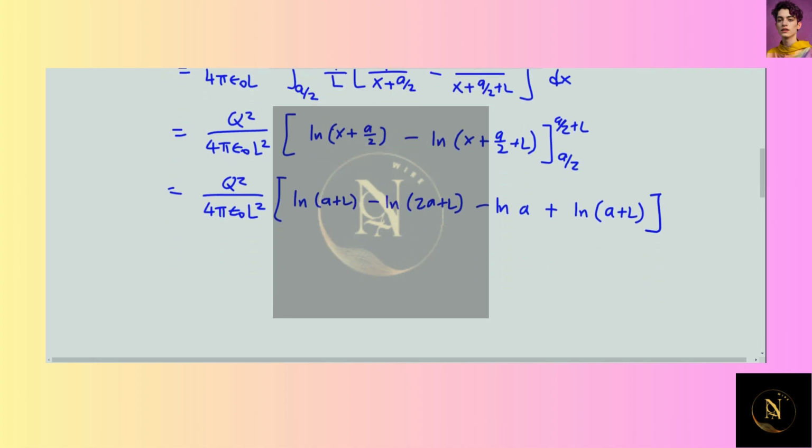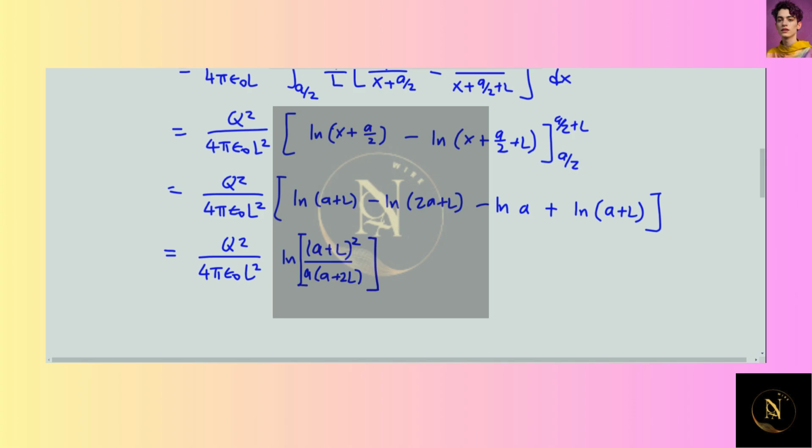If you group everything together, you get natural log of (a plus L) squared divided by a times (a plus 2L). This is the expression that you are supposed to get. So this is our electric force that the rods exert on each other.